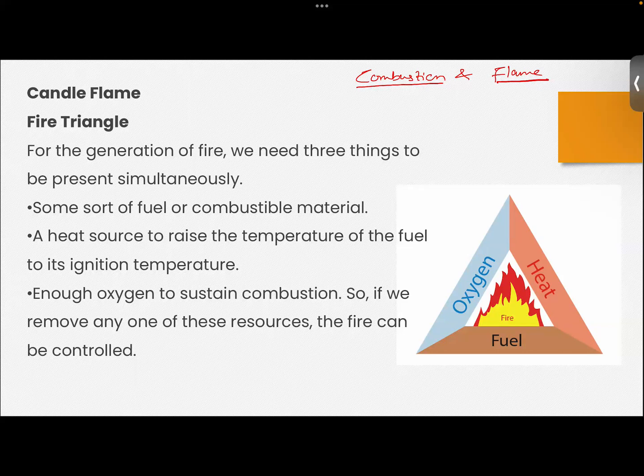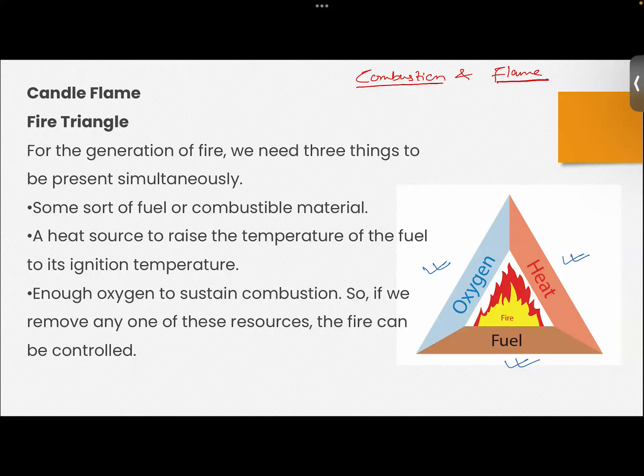So for the generation of fire, we generally need three things: heat, oxygen, and fuel. But the question is, what is this flame now? Flame is basically a region where combustion or burning of gaseous substances takes place.